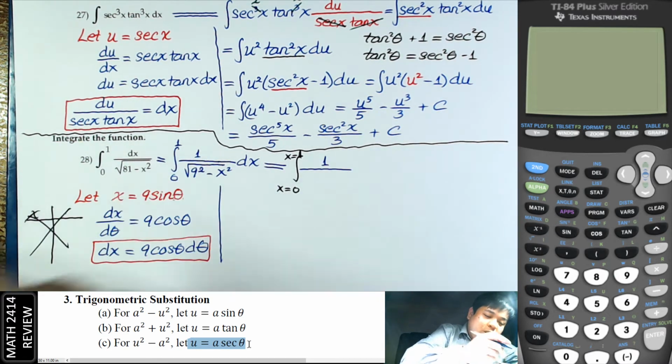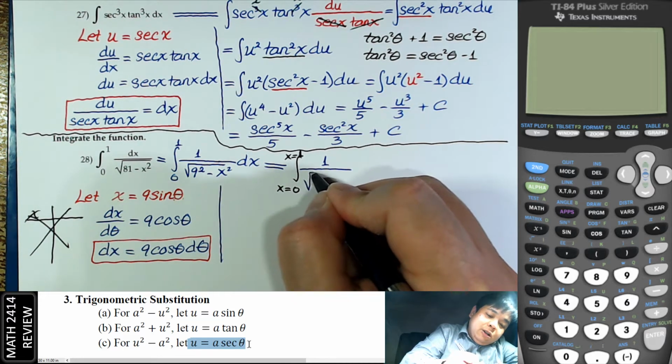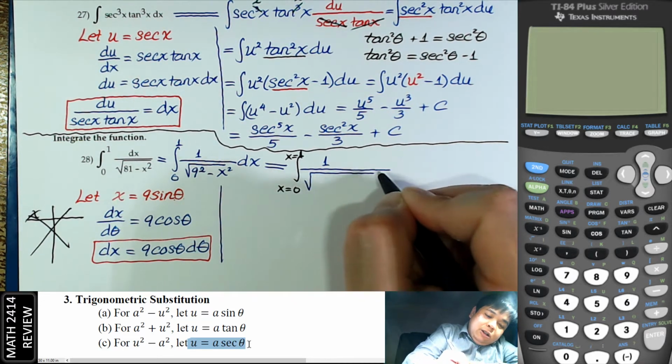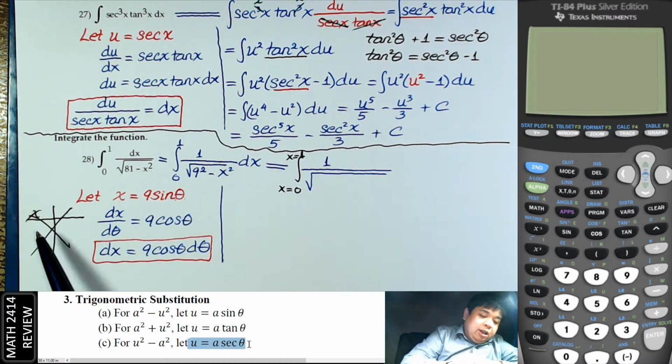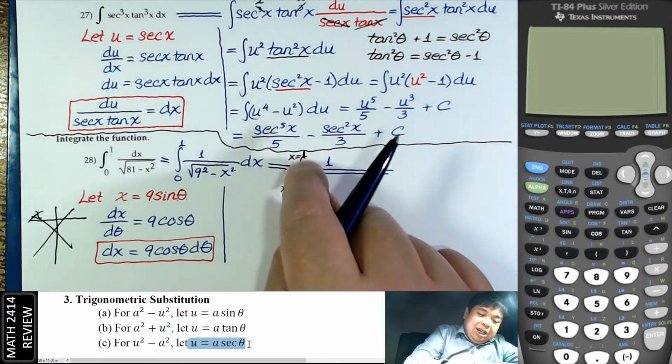Of course, we can solve for that with no problem. In this case, if we want to solve for theta, we have to take sine inverse of x over 9, and the limit will be very complicated.